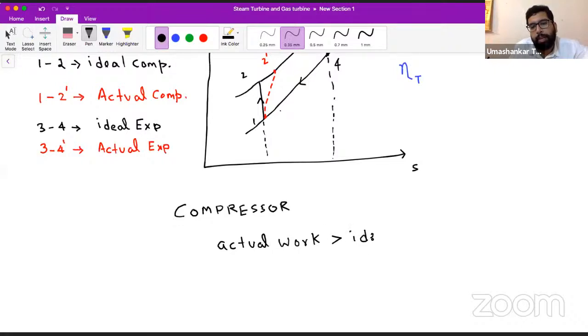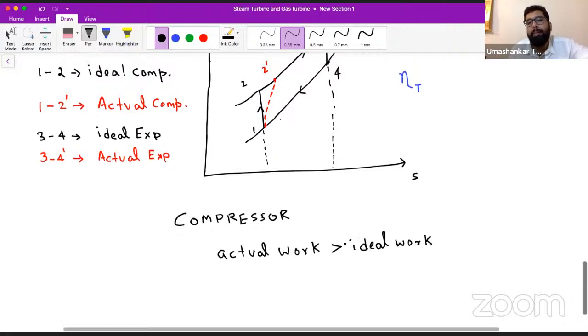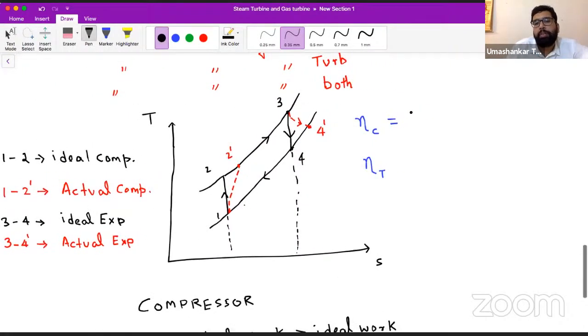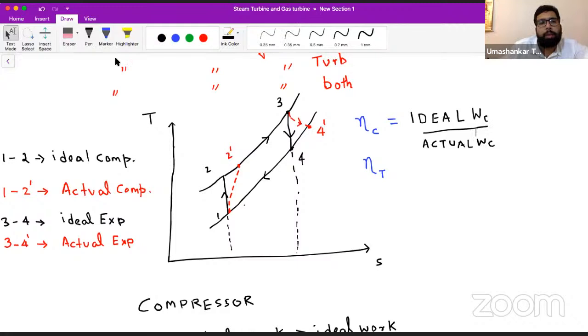Then only we will be in loss, no? What we actually require to give will increase. So the compressor efficiency will be ideal compressor work to actual compressor work. Got this point or not? Since actual work is more than ideal work, it must come into the denominator.